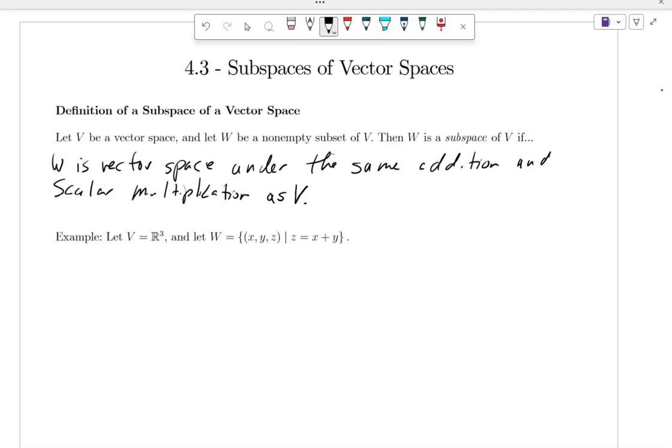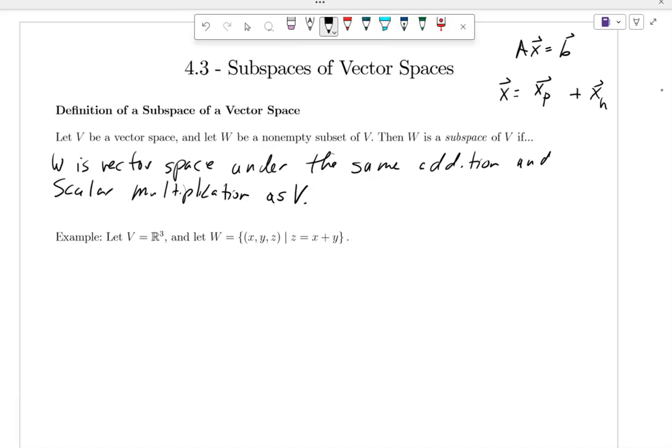Why might we care about such things? Well, we've already talked about how we can write solutions to systems of linear equations as, it's been a little bit ago, but if you have the set of equations AX equals B, for example, we said that if it had a solution, we could write it as a particular solution plus something that was a solution to the homogeneous system.